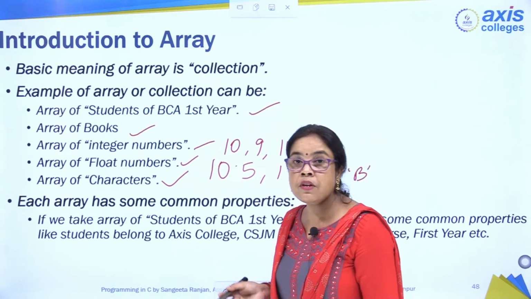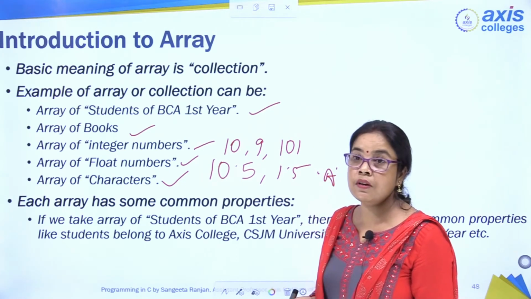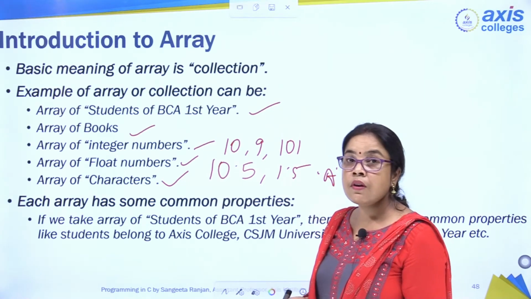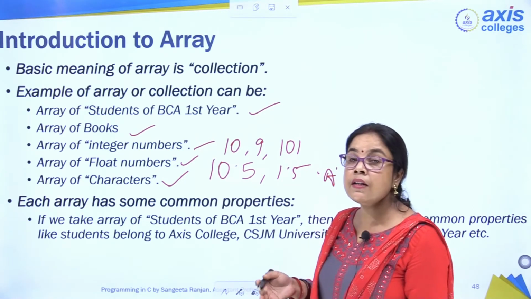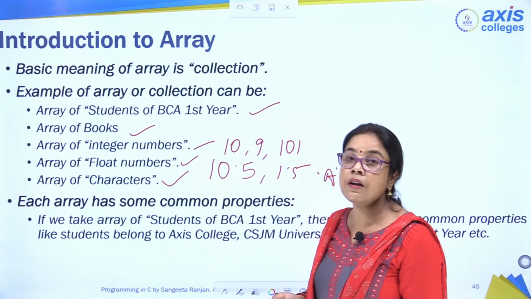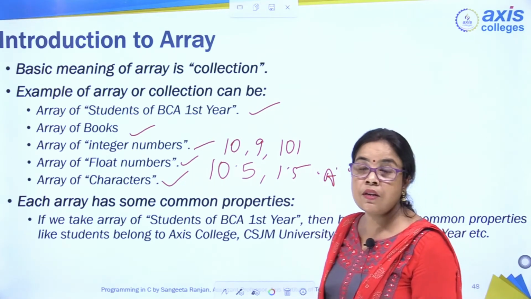Now in programming terms, if we want to declare hundreds and thousands of variables in the program, declaring the variables separately is a very tedious job. So C provides the concept of array.